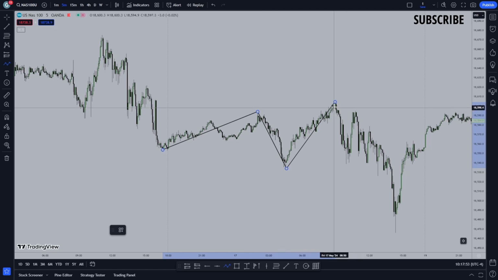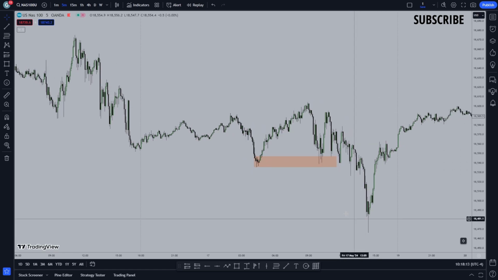But instead of price going up, it went down. And now you can see that it gave a rejection from this demand zone, so it made a fool of people that it's going up from here. But overall, it goes down.